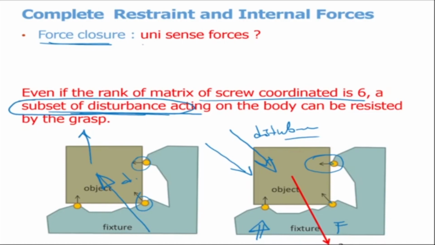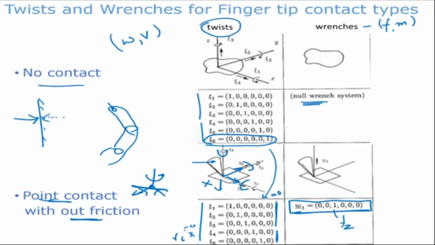Because when we're talking about forces, please remember in the previous case when we talked about forces here, we talked about wrenches. The force has direction. So we have force acting in this direction. This is my fingertip. That's my fingertip. It's applying a force F. It can apply a force in this direction, but it cannot apply a force in that direction. It's like pulling the object. It can't pull the object, right?